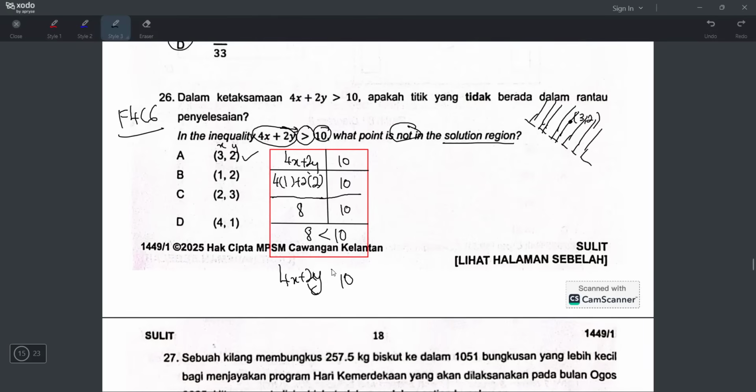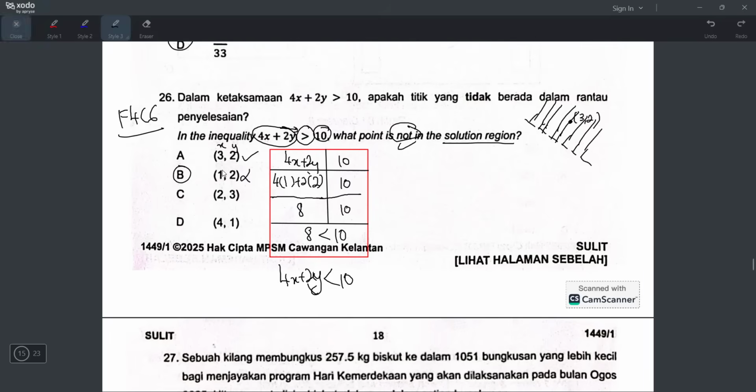So your 4x plus 2y is smaller than 10. That means the point 1, 2 will be below the line, because smaller means the area is below lah. So this one is not bigger than 10, because the question asked for bigger, right? So B is not. B is the answer because they asked which one is not, right? Yeah, B is the answer.